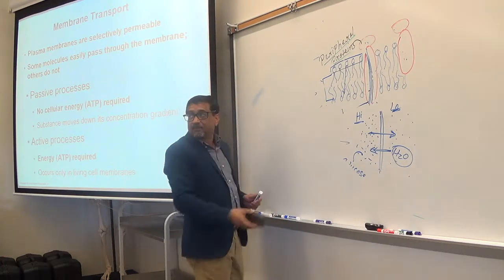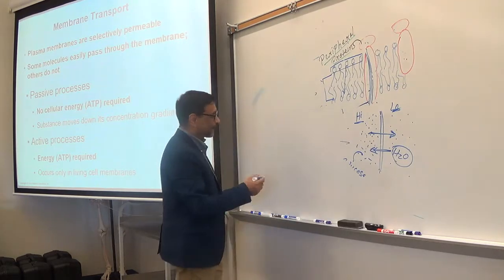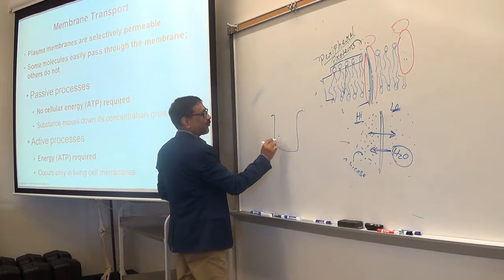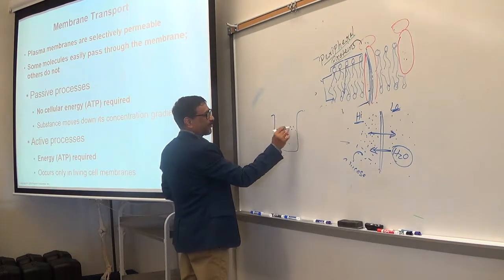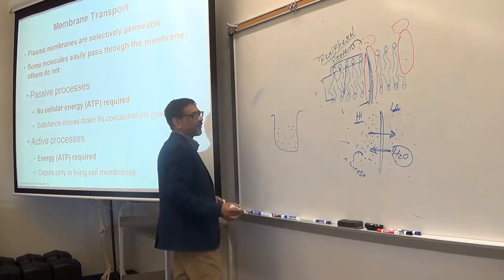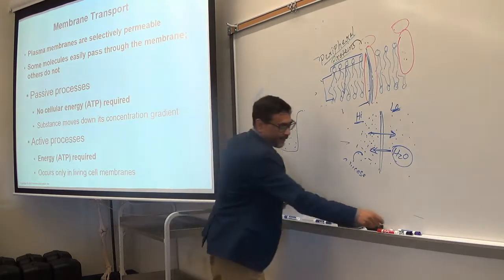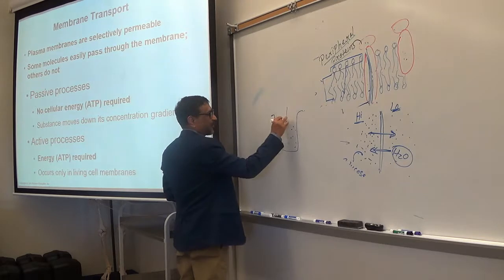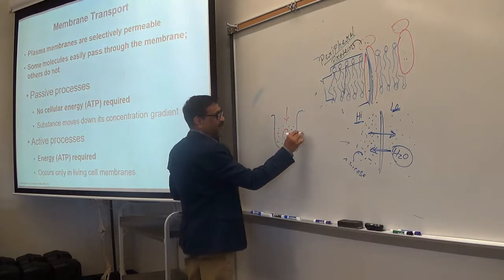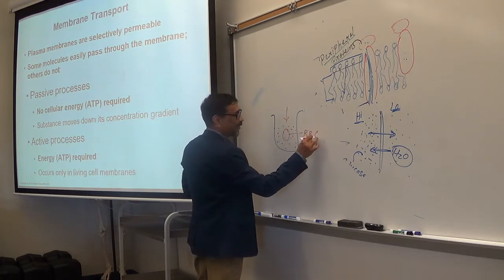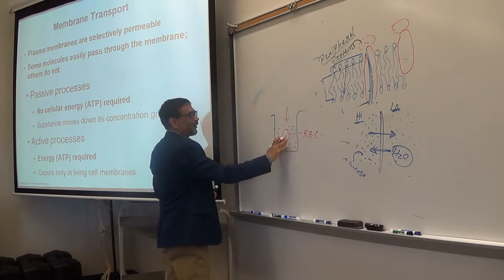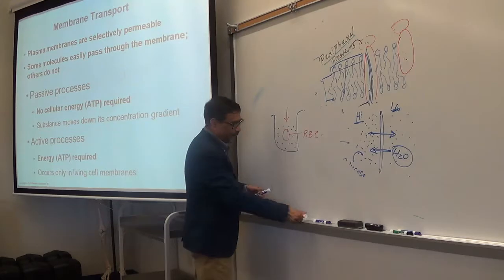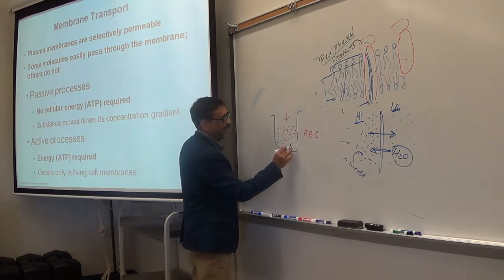Okay, the last thing. If you take some solution in a beaker and put a cell, for example, a red blood cell. This is a red blood cell. Okay? Now, the concentration here is high.